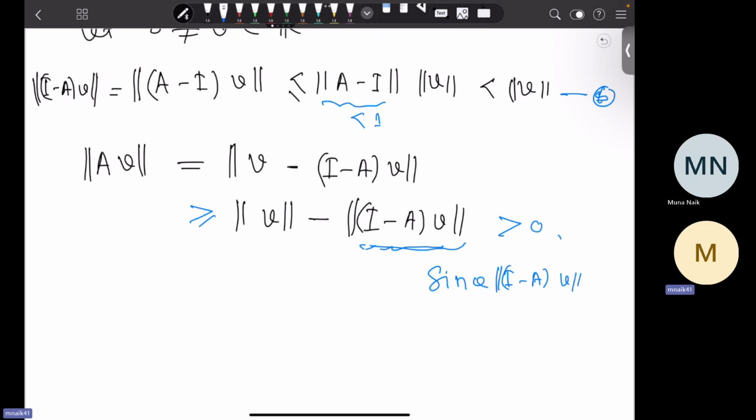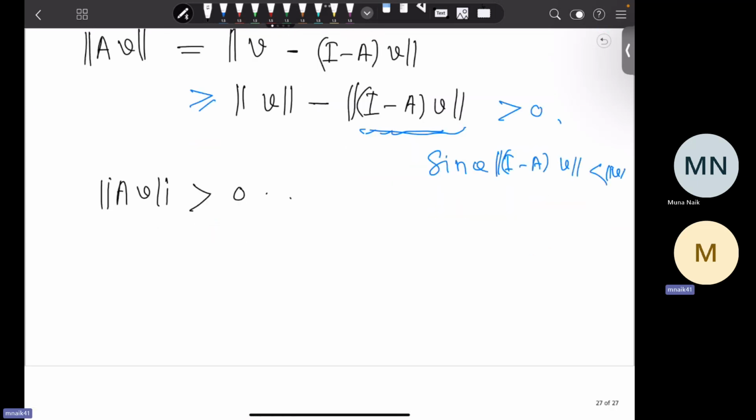So this will imply that AV is not equal to 0. That means A is one-to-one.